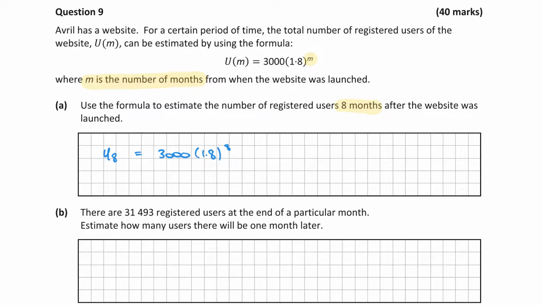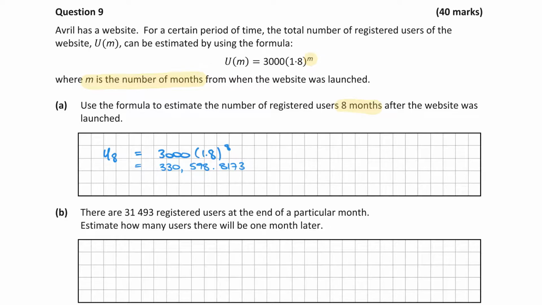Okay, and again, that might look complicated, but all we need to do is just type that straight into the calculator and we'll get an answer of 330,598.8173. So they want to know the number of registered users.